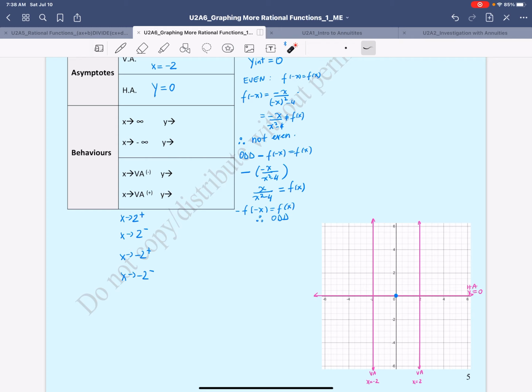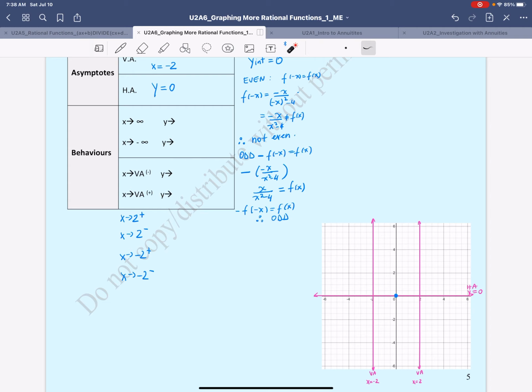Now, when we determine the shape of the graph, we look into the domain of the function because remember that the vertical asymptotes will cut the domain into 3 intervals, 1, 2, and 3. And for specific x values, the function will have a certain behavior, which means that for x bigger than 2, for example, the function can be either in this section or in this section down below, right?